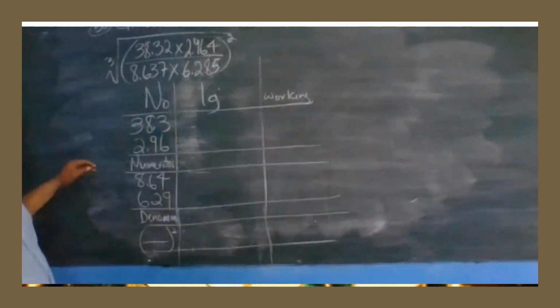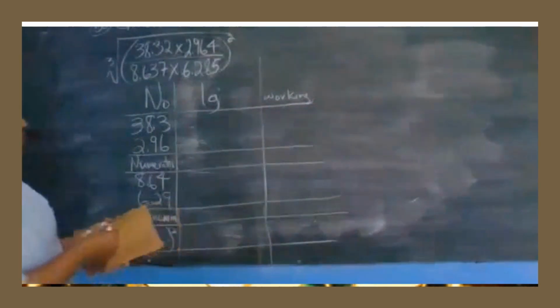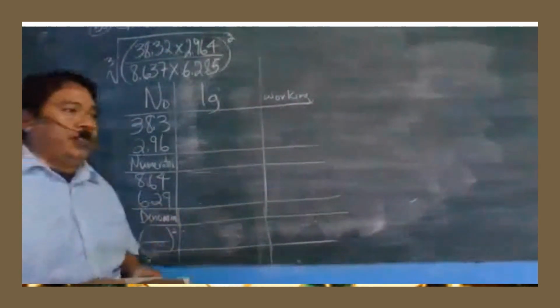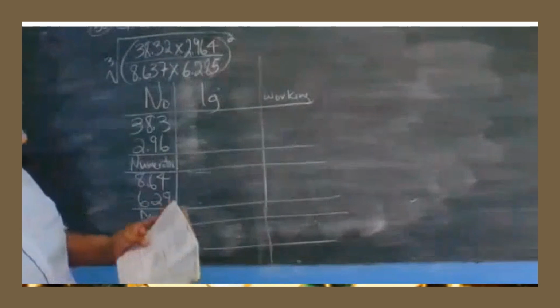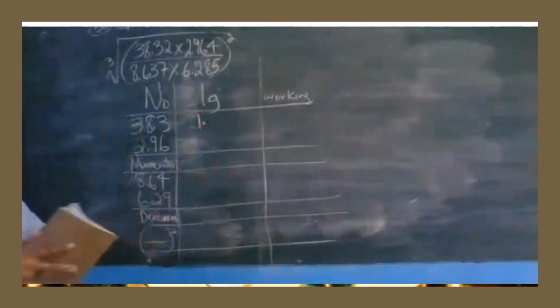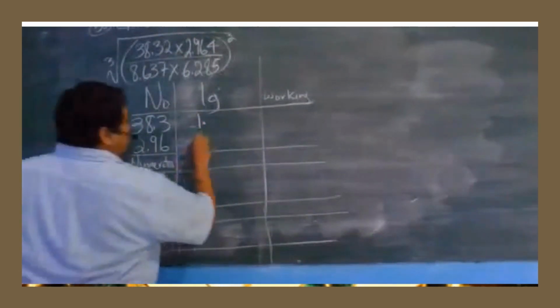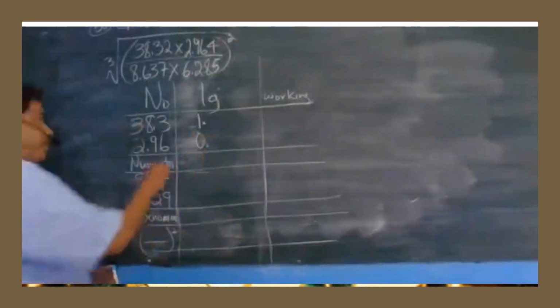All right. So here, let's go to our three-figure table. 38.3 is 3.83 times 10 to the first, so there will be a 1. And 2.96 is 2.96 times 10 to the 0, so there's a 0 there.